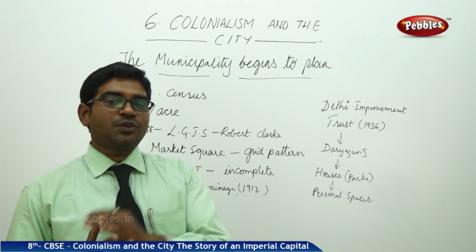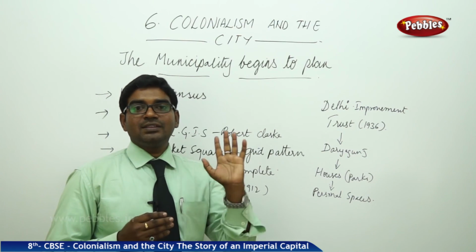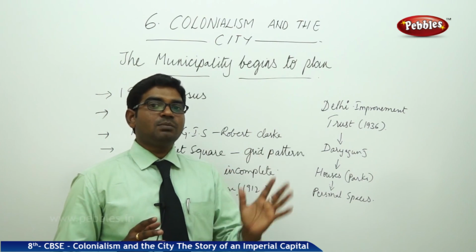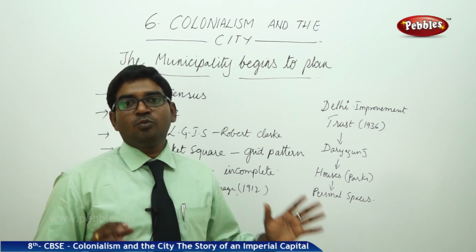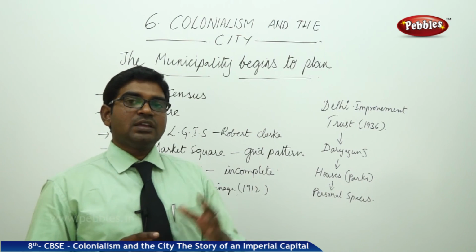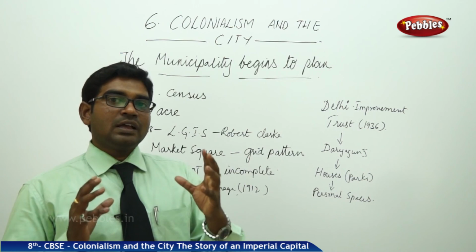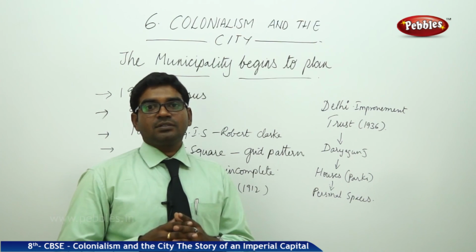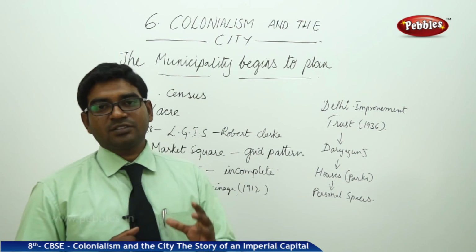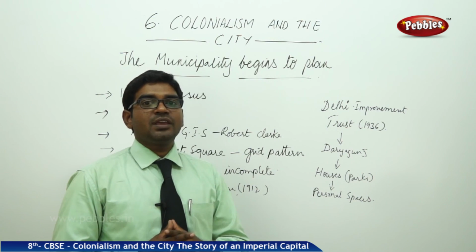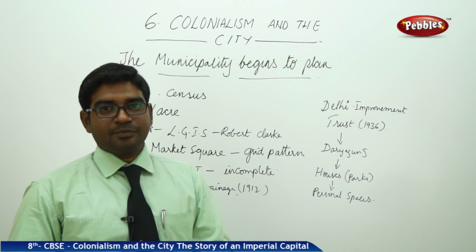It took 20 years for them to build. Finally, they succeeded in building a very large construction, taller than Jama Masjid and more beautiful and excellent than Shahjahanabad. And now we have our Indian capital region, that is New Delhi. So this is the story of the Imperial capital city.